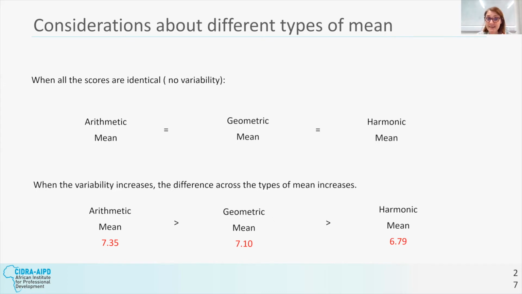In our case specifically, we don't have all the students with the same mark. We have different marks, so we have a higher variability. So in this case, you can see that the arithmetic mean is greater than the geometric mean, which is greater than the harmonic mean. The more the variability increases, the more the difference between the different kinds of means increases.